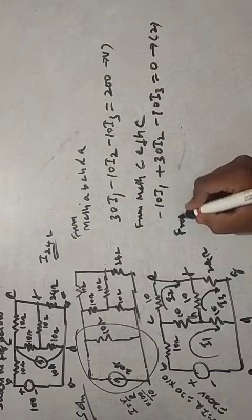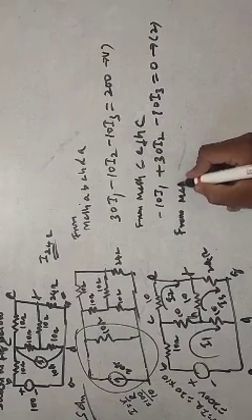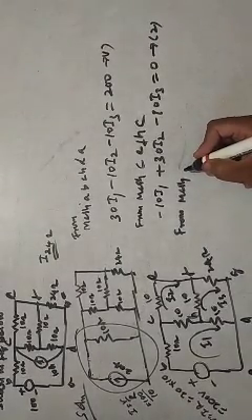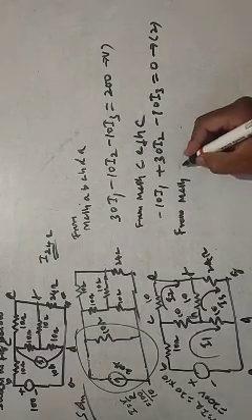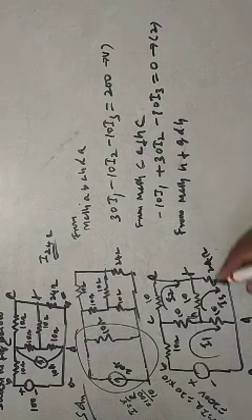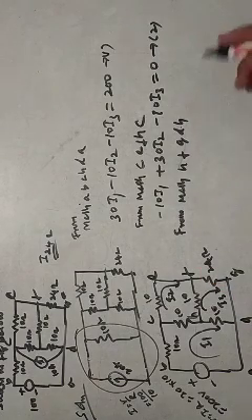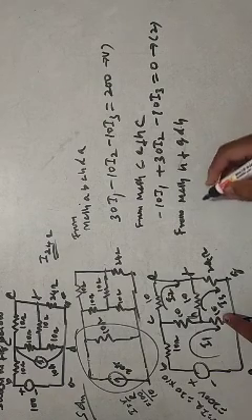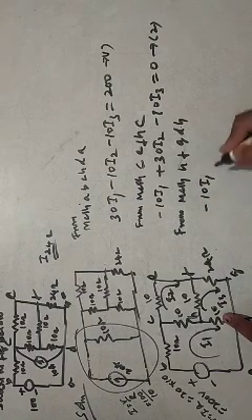Similarly, from mesh H, F, G, D, H, this third mesh, this 10 ohm is shared between 1 and 3, so minus 10 I1.